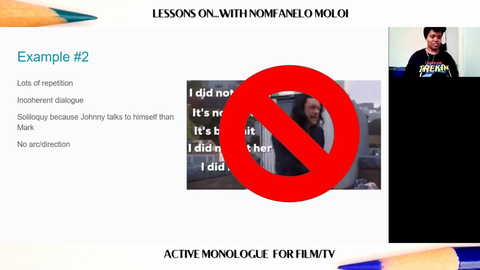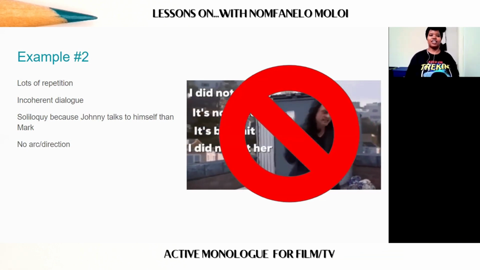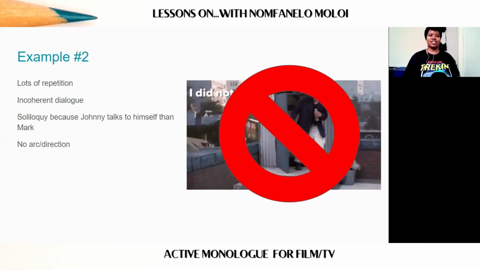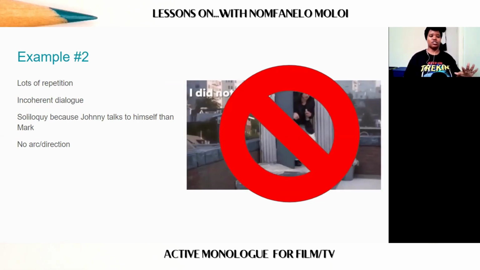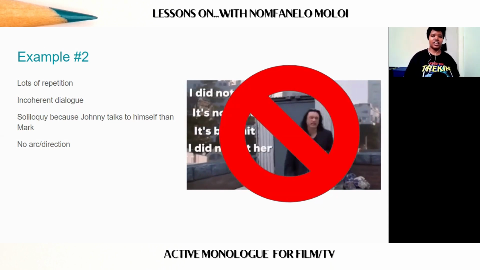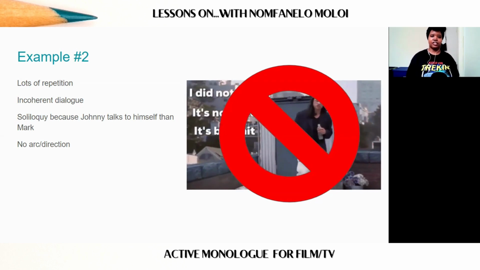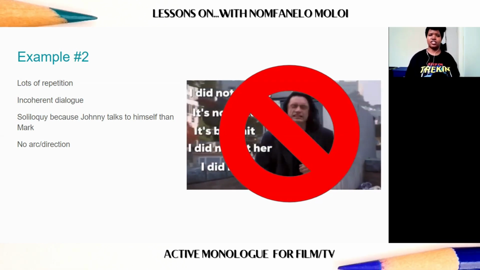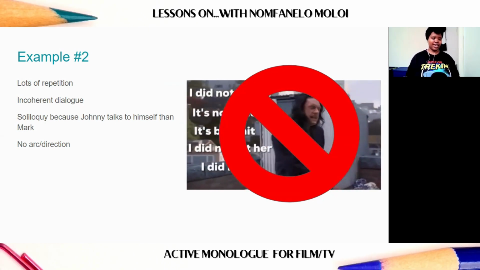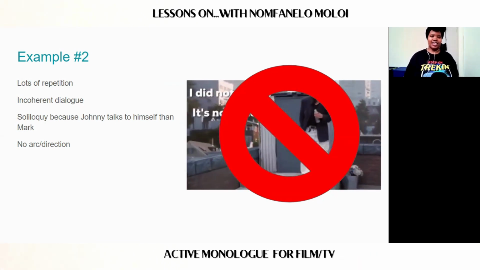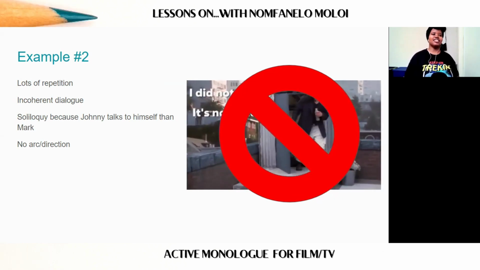Also, there's a lot of incoherent dialogue, because he's just voicing his frustrations. And you don't see an arc from beginning to end. We know that he's frustrated after Lisa, his fiance, accuses him of hitting her to someone, and it's just not well thought out as a monologue.